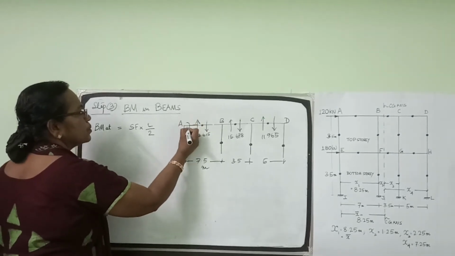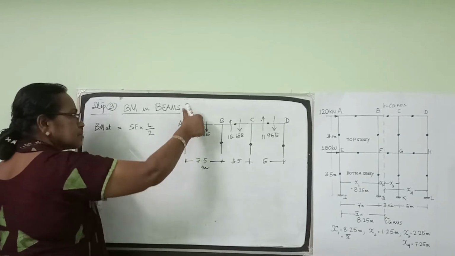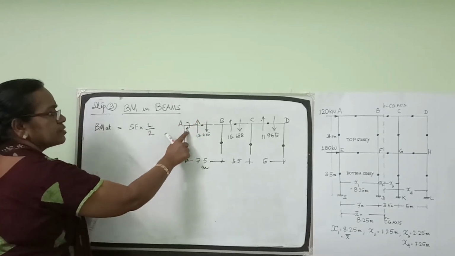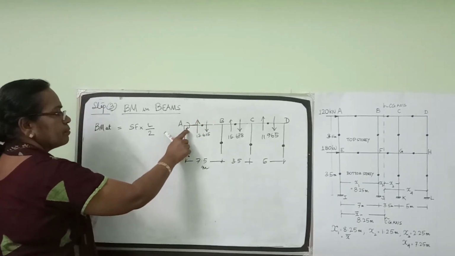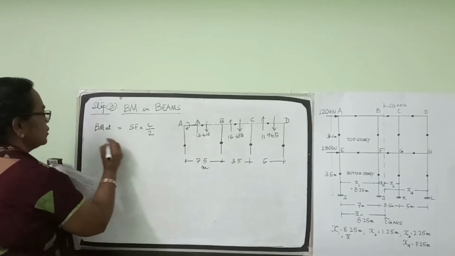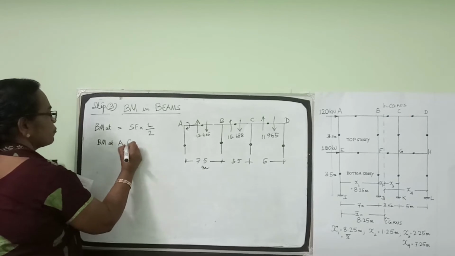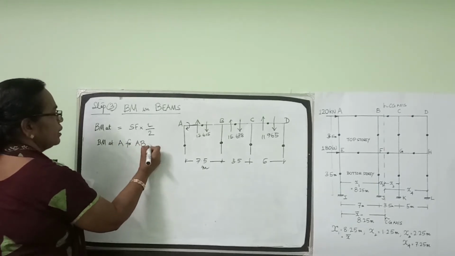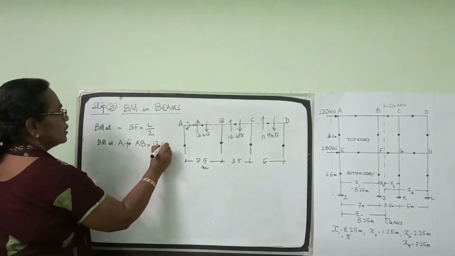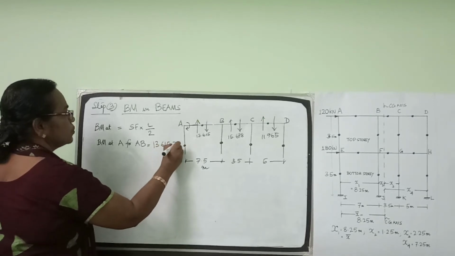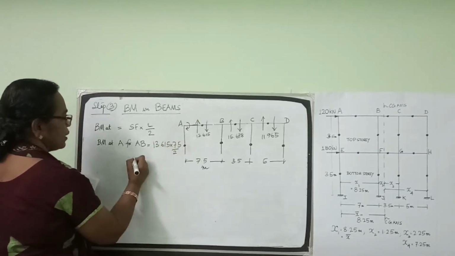This shear force produces an anti-clockwise moment. To resist that, the bending moment at A of the beam should be a clockwise moment. So bending moment at A for beam AB is equal to 13.615 into 7.5 by 2.